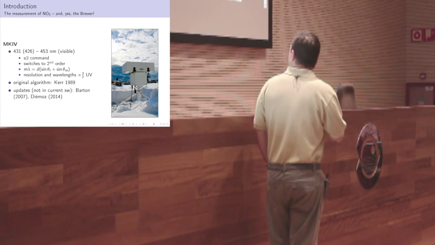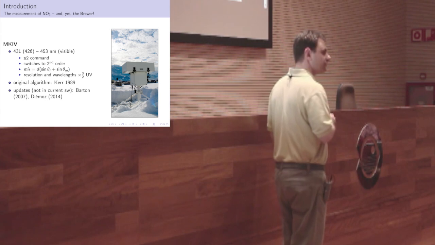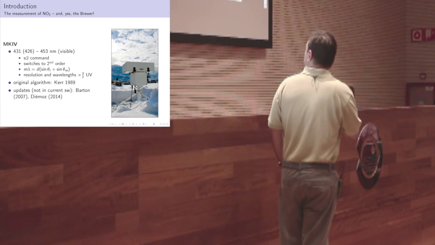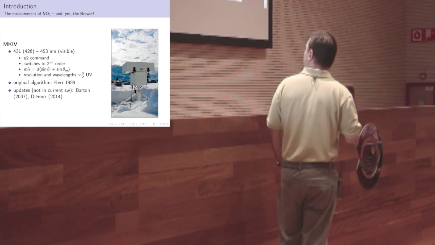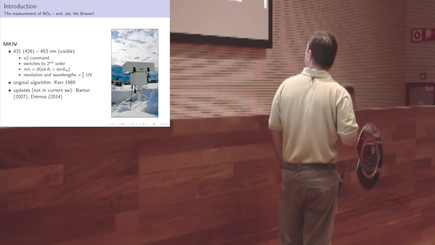Here is the grating equation. For a fixed micrometer step of the grating, you have a constant product between the diffraction order and the wavelength. So both resolution and wavelength are multiplied by the factor 3/2, relative to the UV wavelength and resolution.